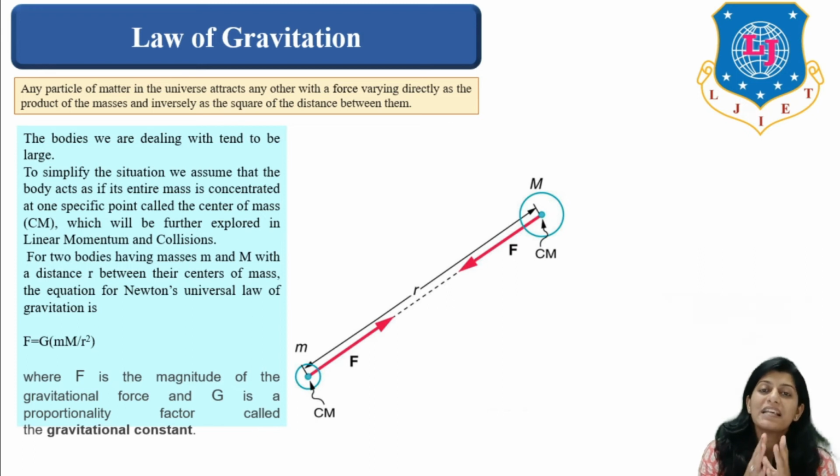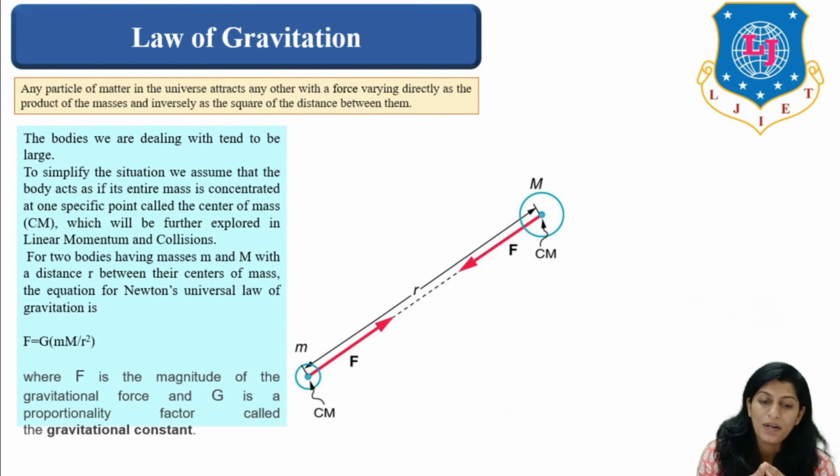So to simplify the situation, we assume that a body acts as if its entire mass is concentrated at a specific point, and that point is known as the center of mass, right? We consider that the mass of the entire body is concentrated at one single point, and that is nothing but the center of mass. Linear momentum and collision can be explained using this particular property, right?